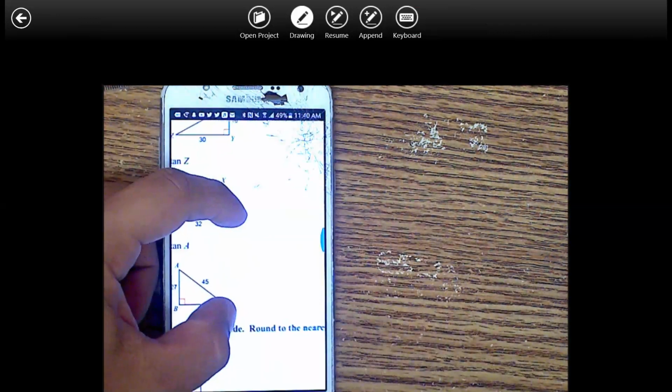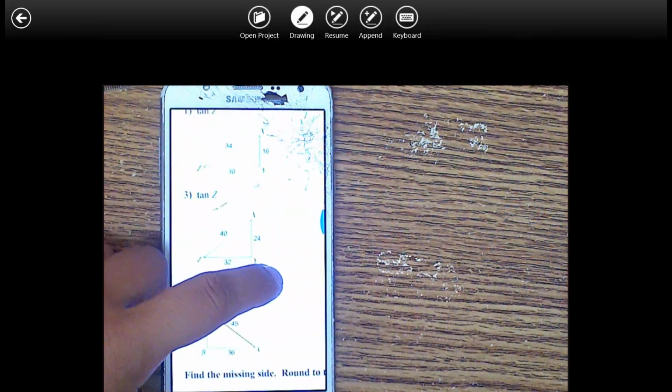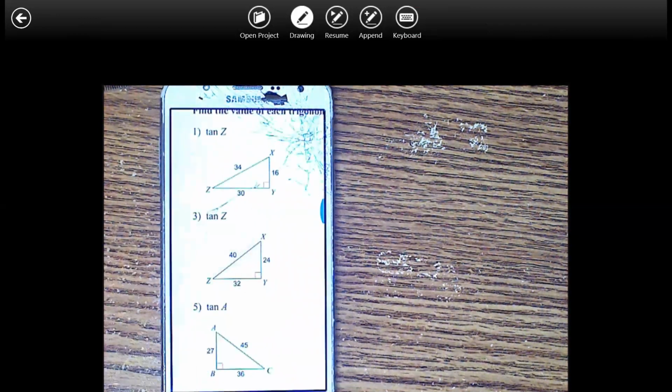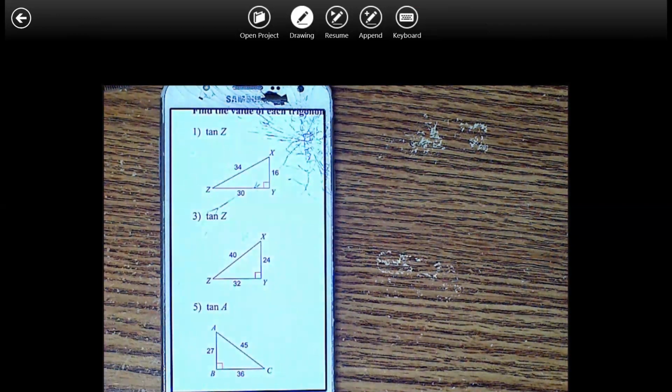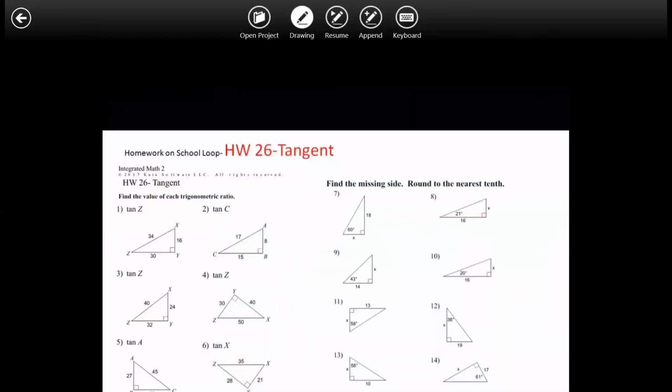You can zoom in and copy it on the phone that way. Does that make sense? You can do it multiple ways. You can either take a picture in class to get it, or you can go to School Loop and copy it on the phone. Print it.